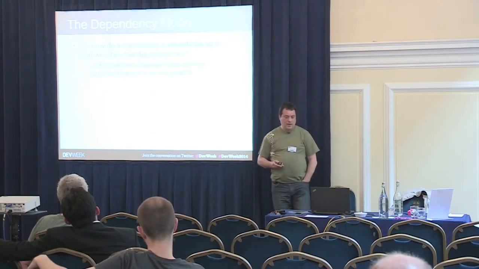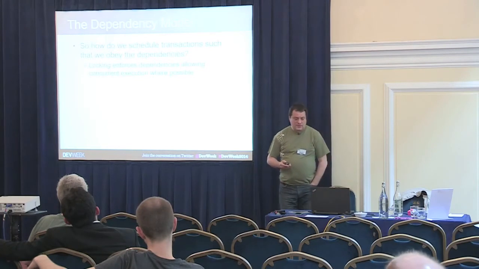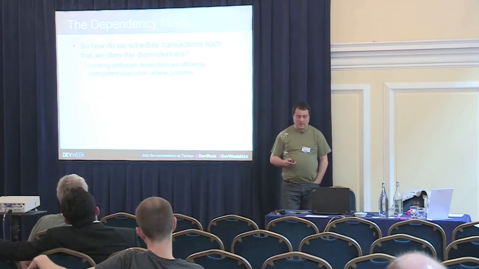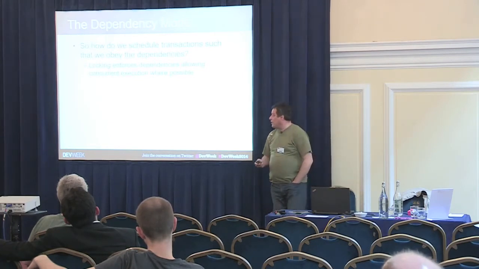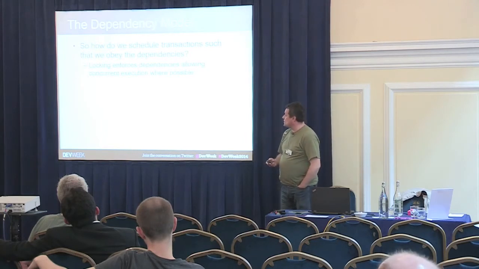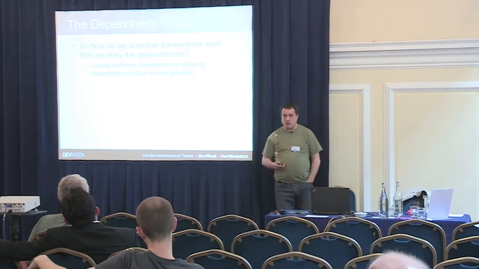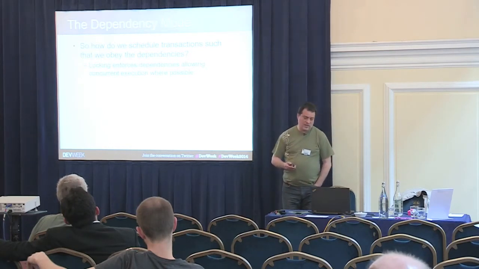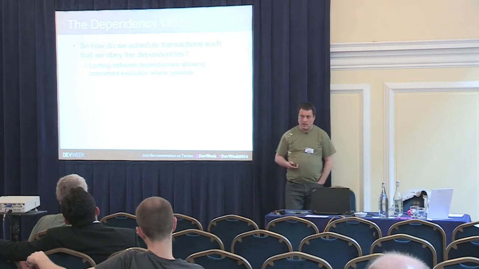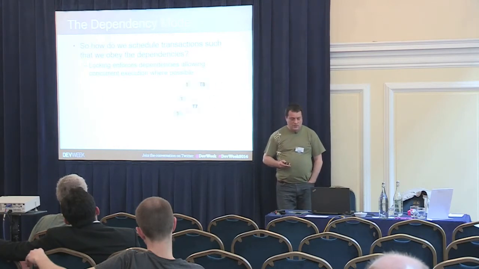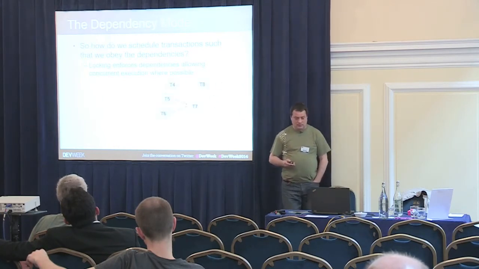Now, how do we schedule these transactions so we obey the dependencies? Typically, we start with locking to enforce these dependencies and use as few locks as possible to achieve as much concurrency of execution wherever it is possible. So for example, we have these transactions.